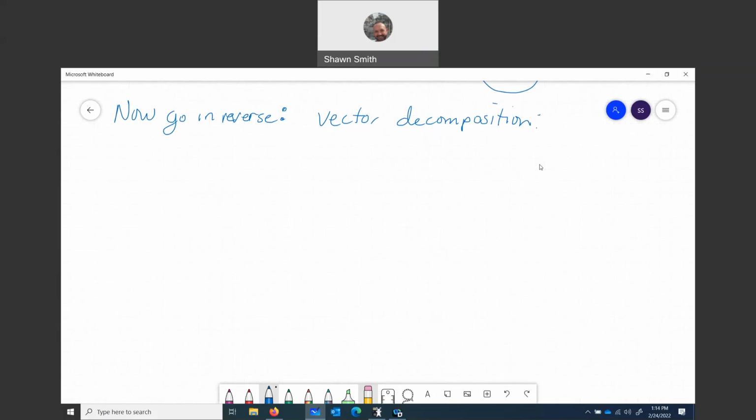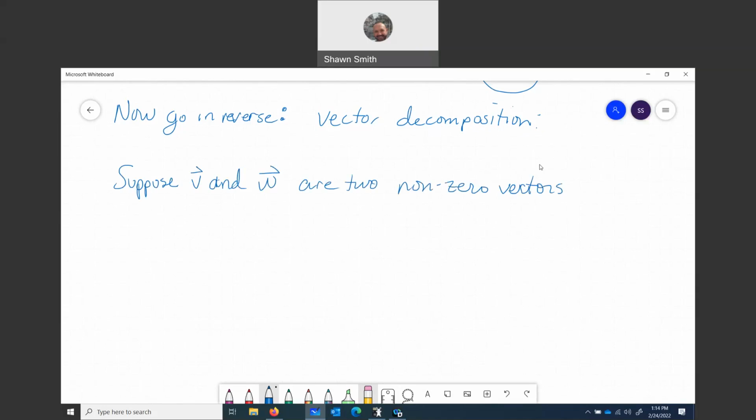All right, so let's suppose vector V and W are two non-zero vectors. It's just math jargon, right?